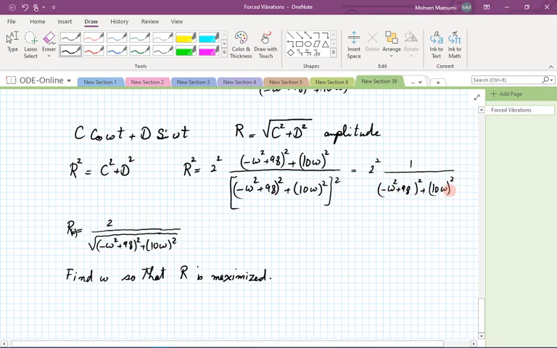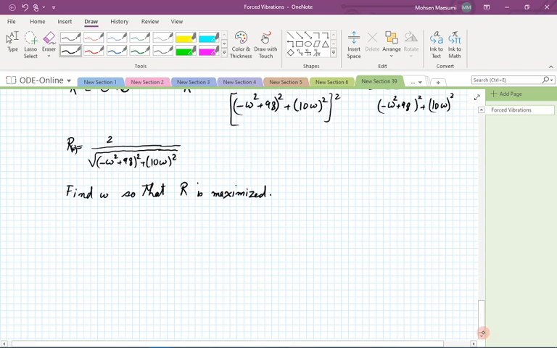If the denominator is smallest possible, the fraction is the biggest possible, R squared is the biggest possible, R is the biggest possible. So this is a little easier than just differentiating that. Just differentiate this denominator and set that equal to 0. So now a shortcut to the step above.